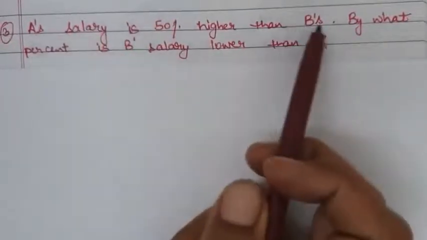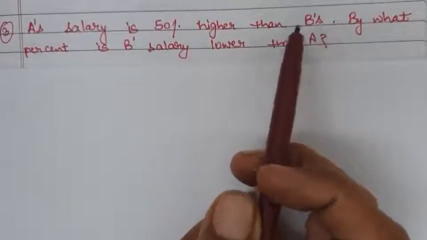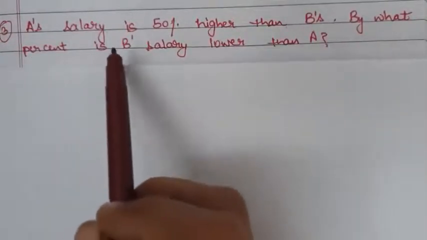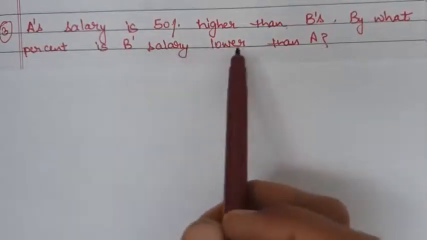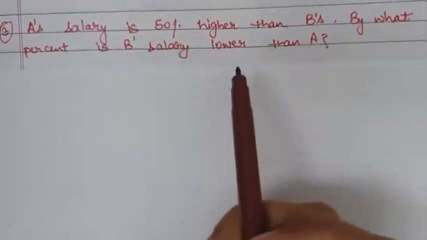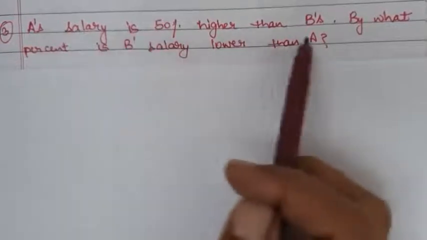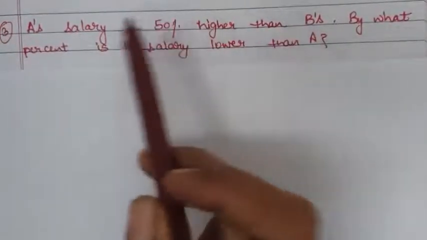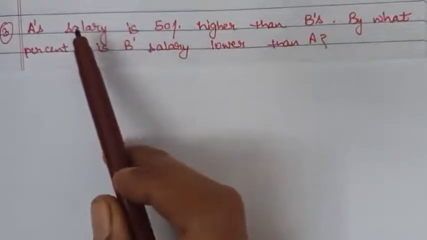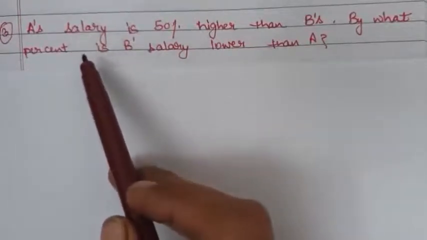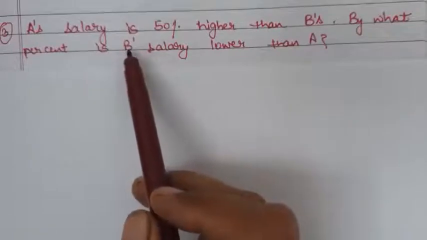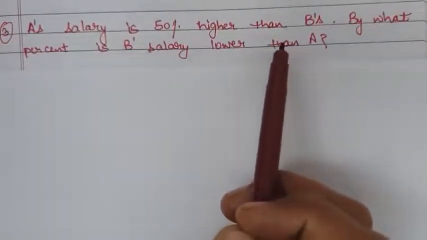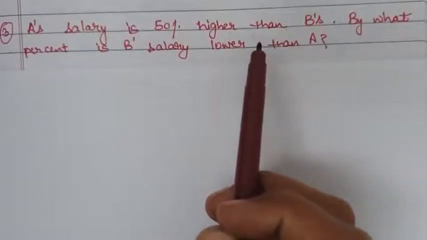They are both different persons. By what percent is B's salary lower than A's? From this statement, it is clear that B's salary is less than A's salary. But how much percent B's salary is lower than A's salary, we have to find out.